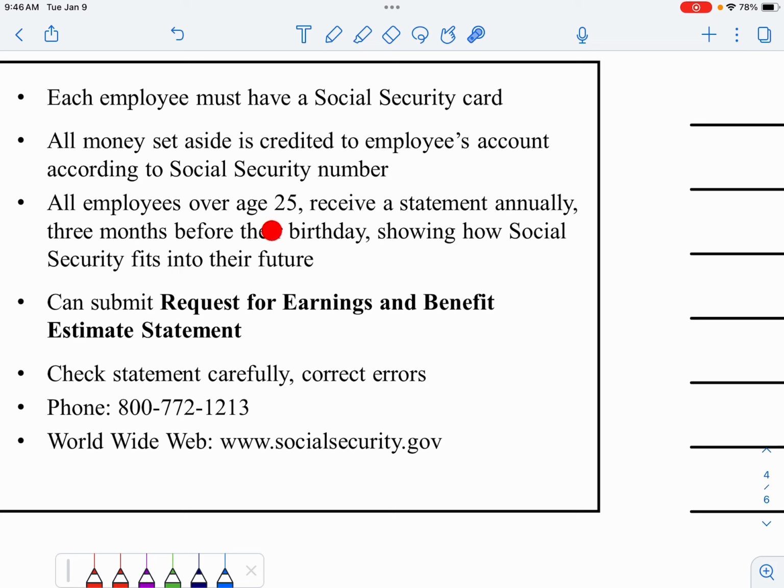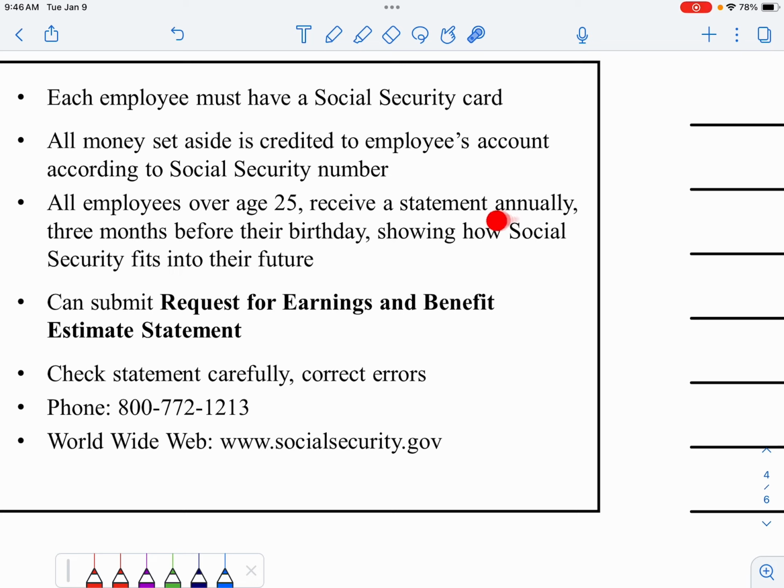All employees over age 25 receive a statement annually, 3 months before their birthday, showing how Social Security fits into their future. For some reason, I don't receive a statement. Sometimes I just get an email, since I provided my email to the Social Security website.